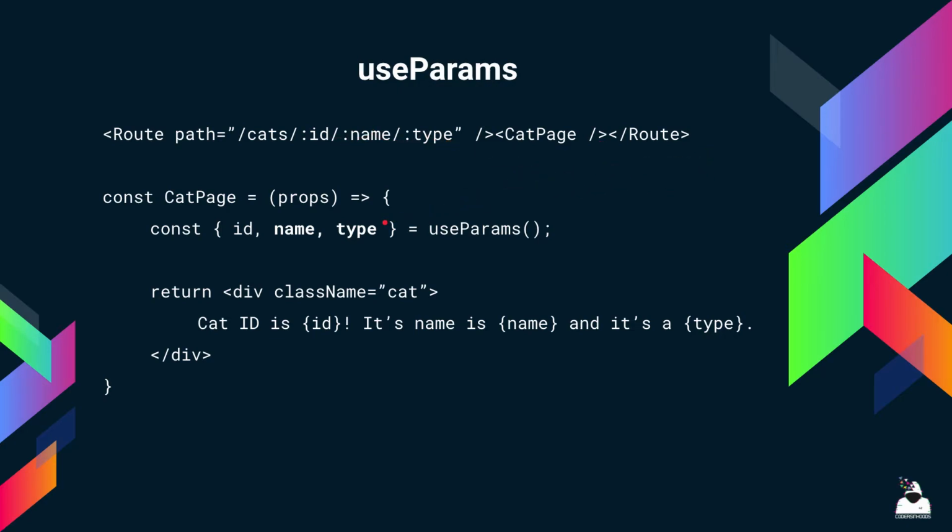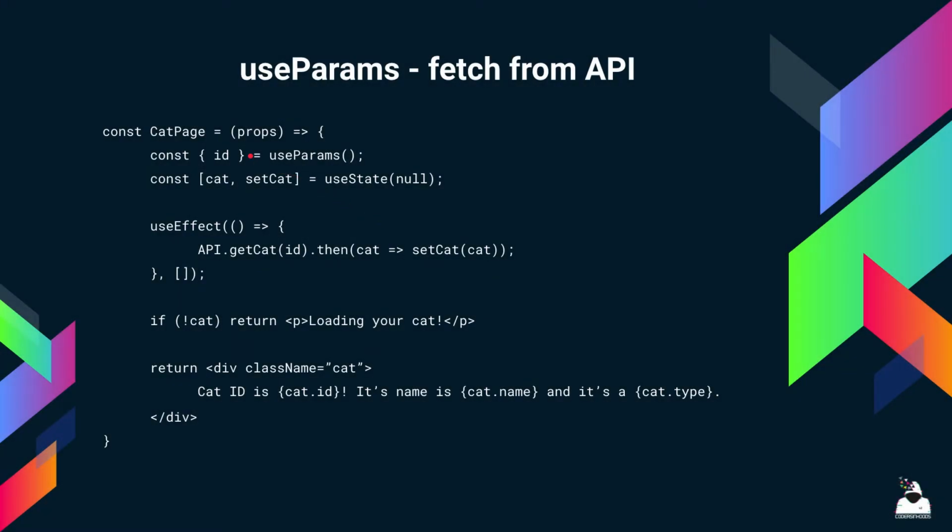What you should really be doing is putting just your ID. So you see in here we load just the ID, and then you use that ID to load the data from elsewhere. In this case, we have some kind of API, and we get the cut by its ID from the API, and then we will be able to render its name and the type. So don't overload your URLs as well.